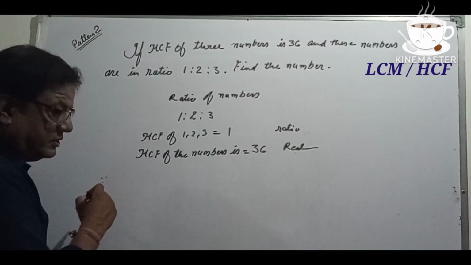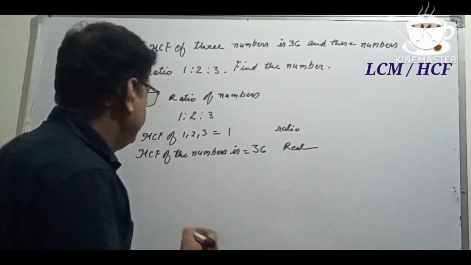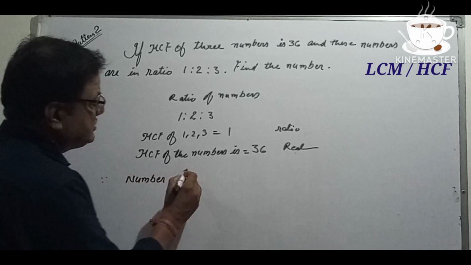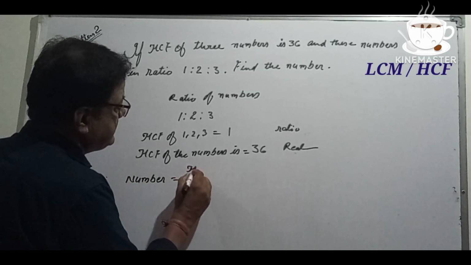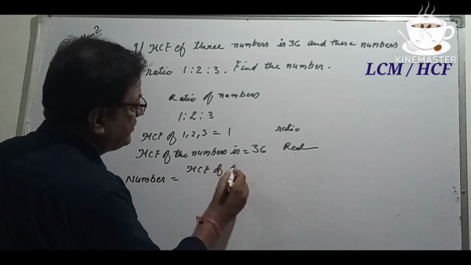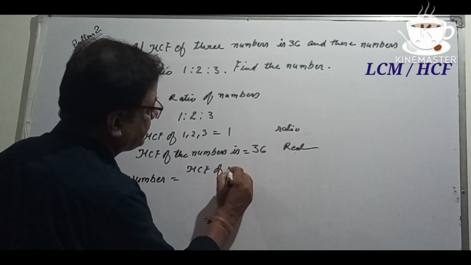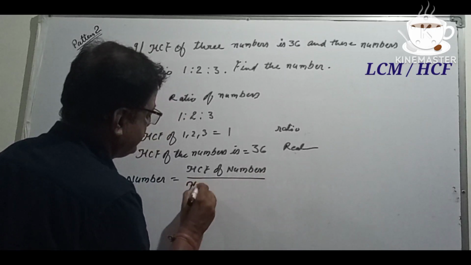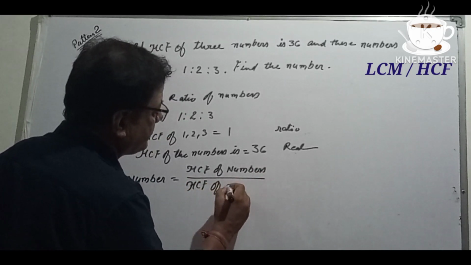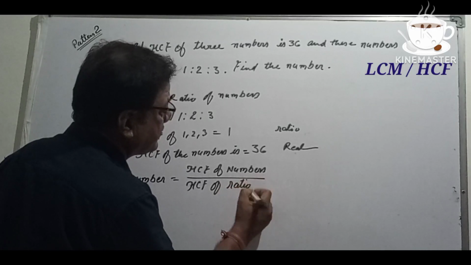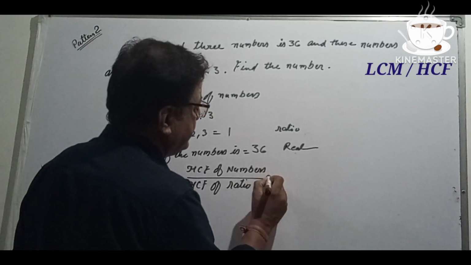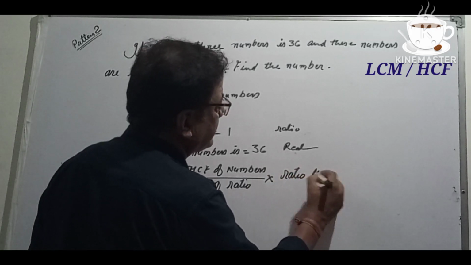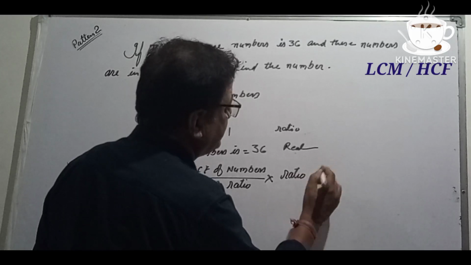Now the turn is to find the numbers, because number is equal to HCF of numbers upon HCF of ratios, multiply the ratio given.